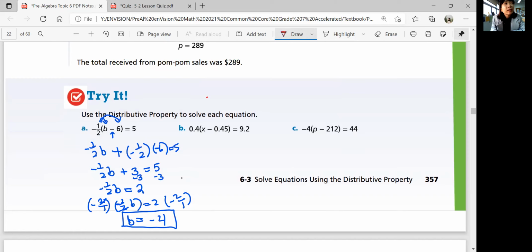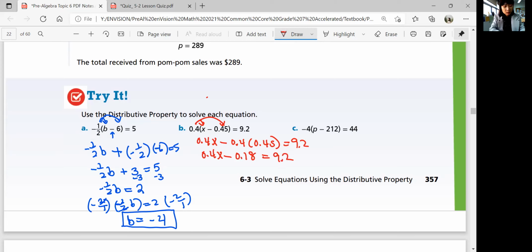Okay, part B. You need to multiply 0.4 out. So 0.4x minus 0.4 times 0.45 is equal to 9.2 is your second step. Okay. And 0.4 times 0.45 is 0.18, so negative 0.18.